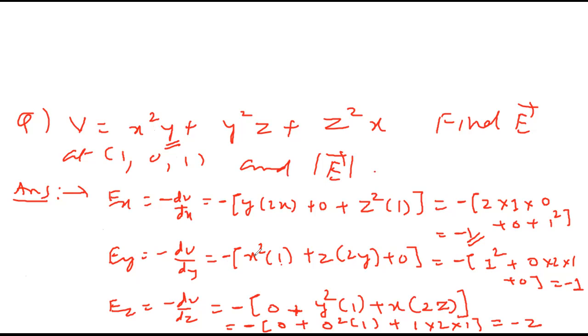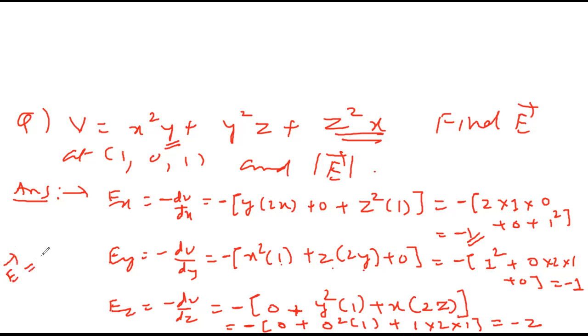X square is constant as it is, y derivative is 1, z is constant as it is, y square is 2y, z square x everything is constant, so 0. Yes, sir. So x square y gives 1, that means I'm right, minus 1. Yes, sir. Root 6 is wrong.